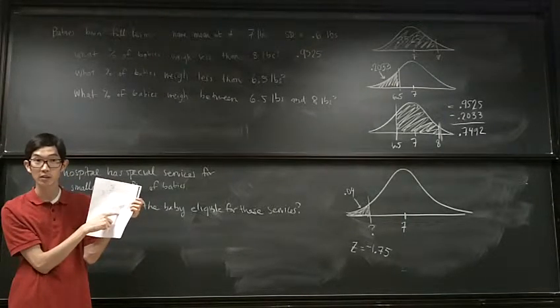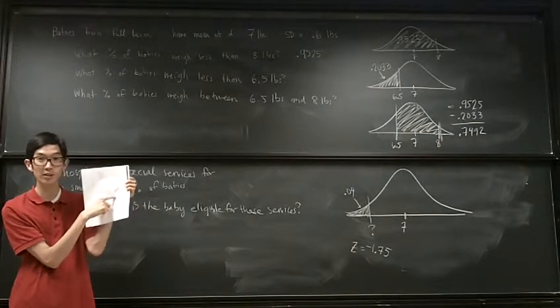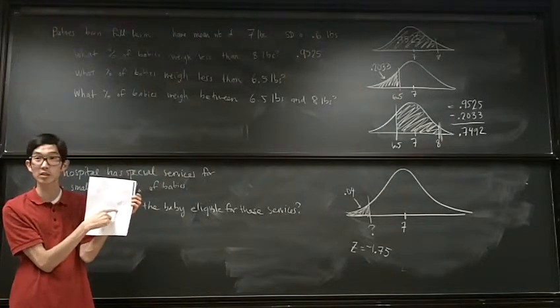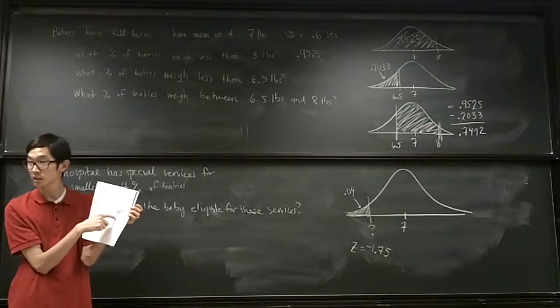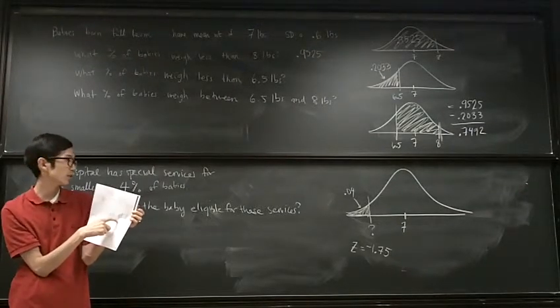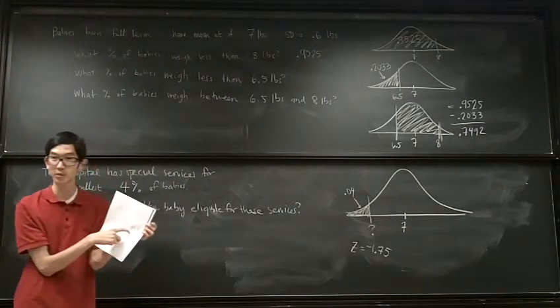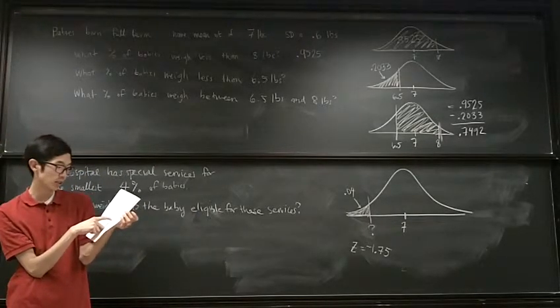All the numbers in the table are percentages, the area shaded under the curve. So you have to look through the chart for the number that gives you 0.04. That's negative 1.75.